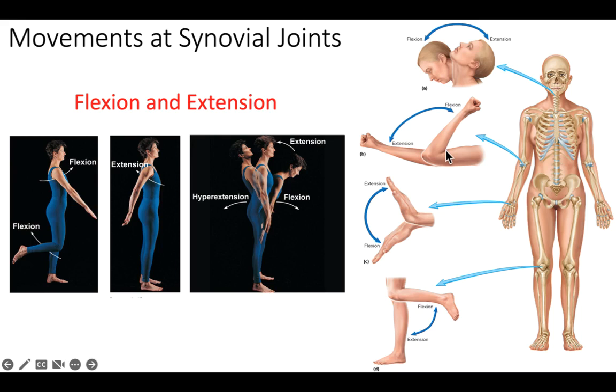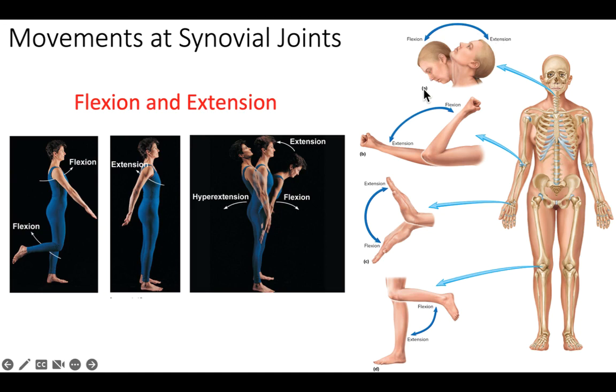But what else can flex and extend? Your head can flex and extend. When you're looking straight ahead, the angle between your head and, say, your chest is 180. When you look down, that's flexing because you just decreased that angle. When you look up, you're extending.